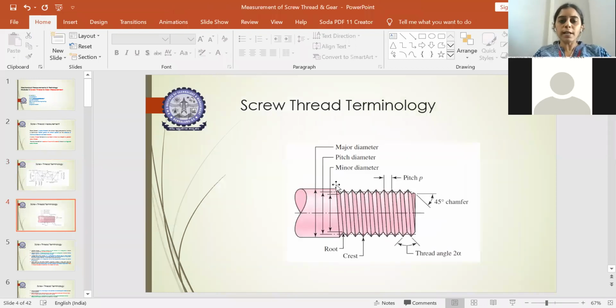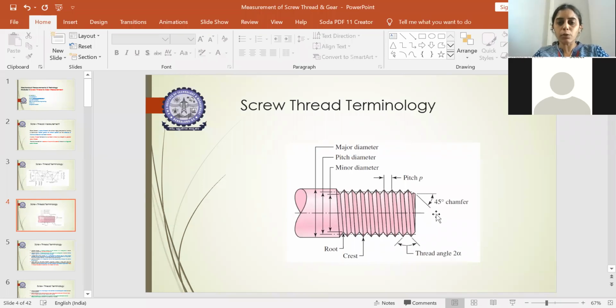The outer diameter of the given cylindrical object will provide you the major diameter, which usually touches the crest of the given tooth. Next is the minor diameter, which provides a radial distance from the root of the bottom tooth to the root part here. It will touch the internal root of the given thread, so you define it as the minor diameter.